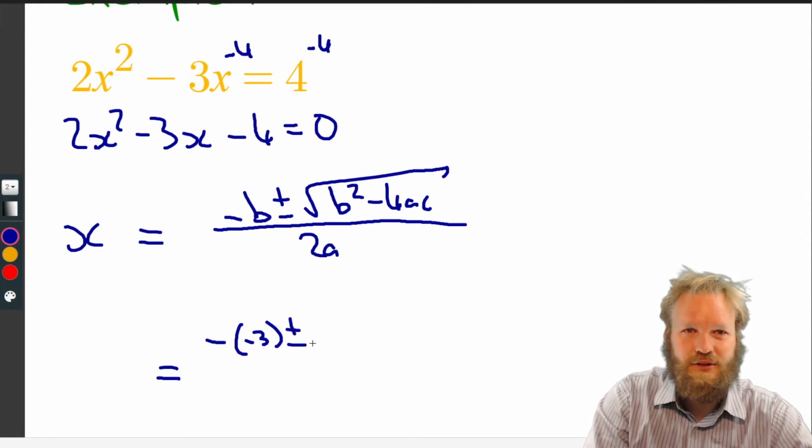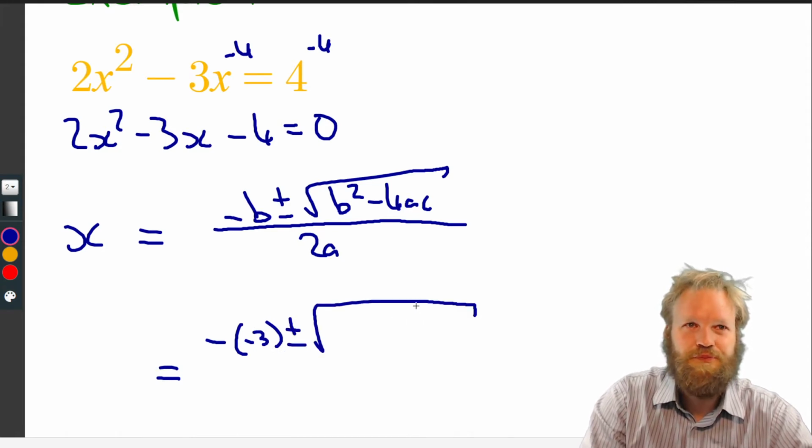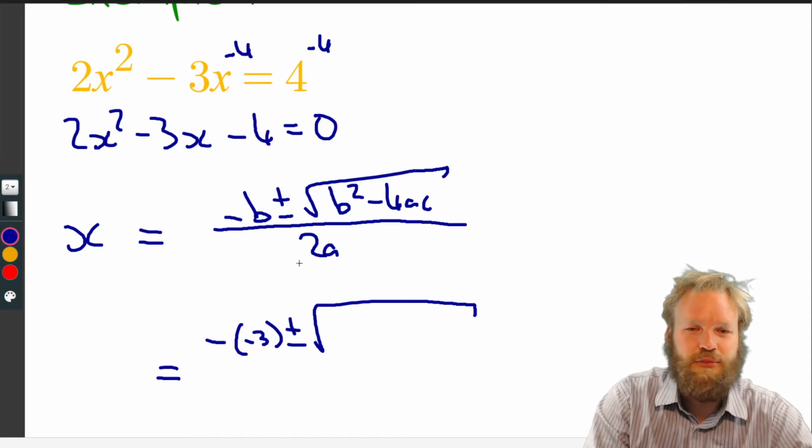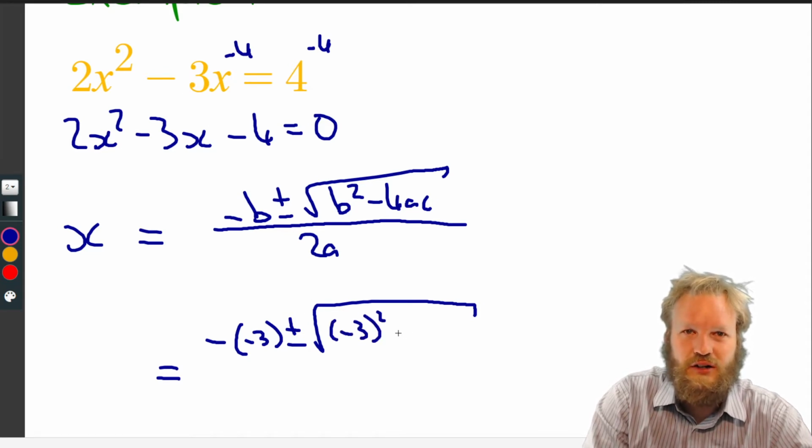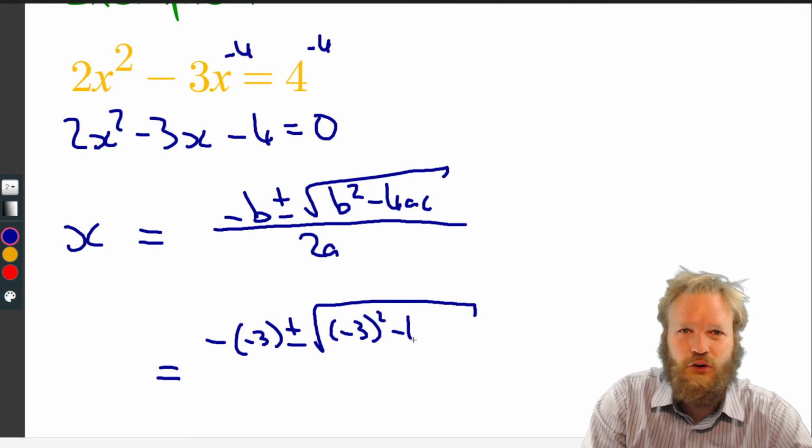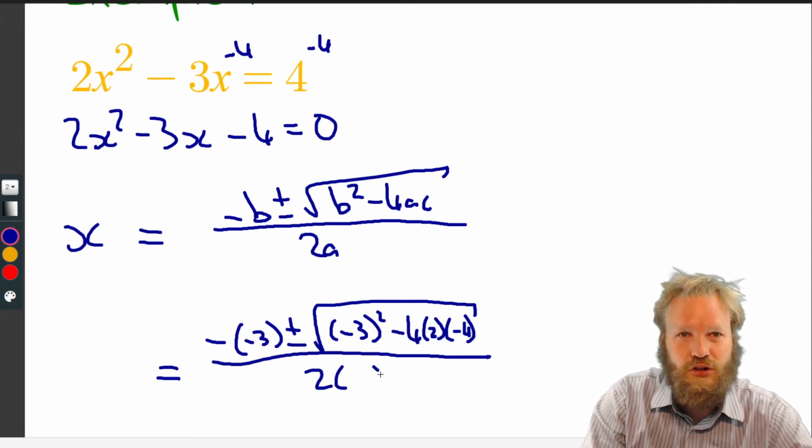Plus or minus the square root of b squared. b is negative 3, so we're going negative 3 squared minus 4. a is 2. c is negative 4. Everything divided by 2a, where a is 2.